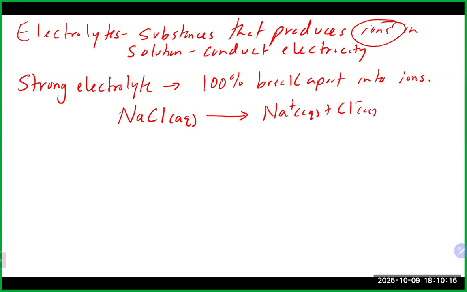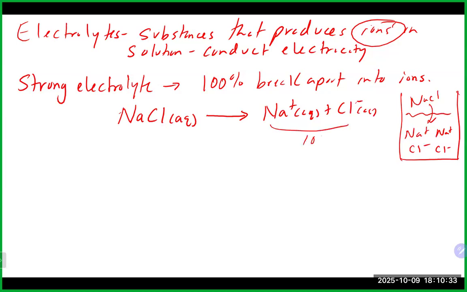In the beaker, all we will have is sodium ions and chloride ions floating around. We will have none of that sodium chloride unit still together. And this is a strong electrolyte. You can think of it as a one-way street. Everybody's going to dump out into ions.